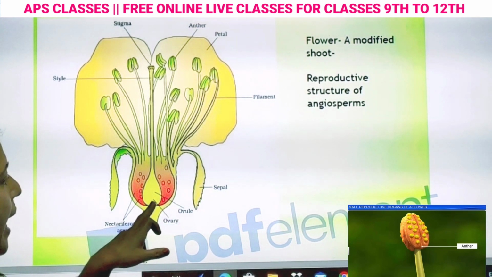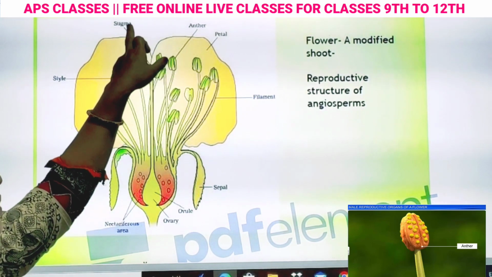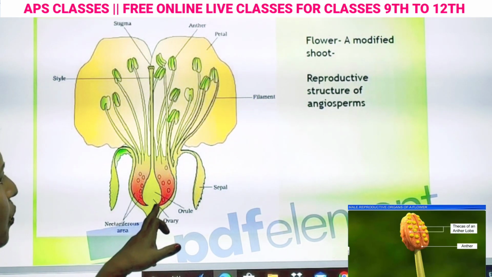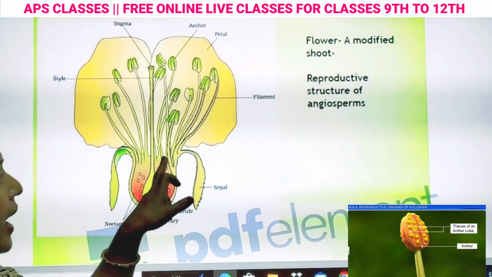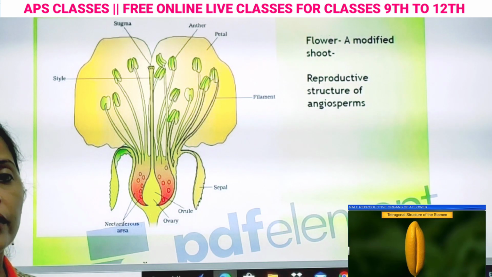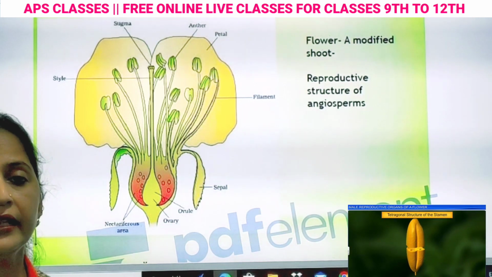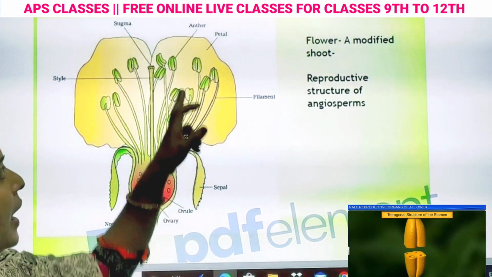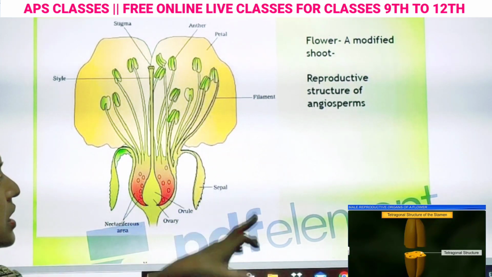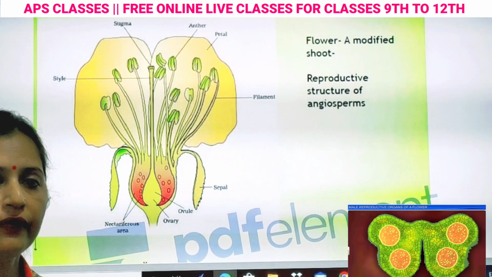The ovary is attached with the stigma with the help of a style. Outside the ovary, there are sepals and a number of petals attached to the flower, and these are 5 in number and multicolored. Anther is attached with the help of a filament. So this is the longitudinal section of the flower.